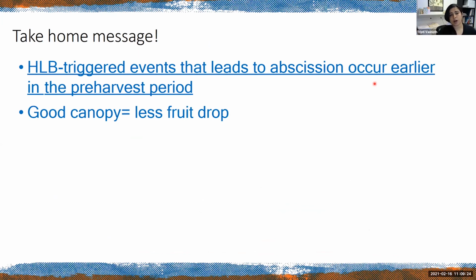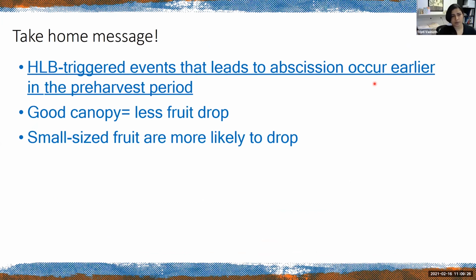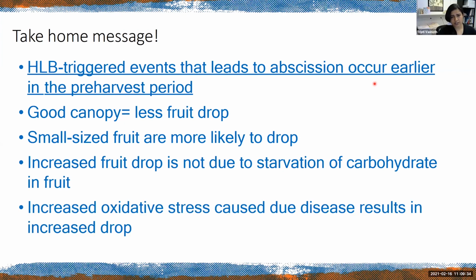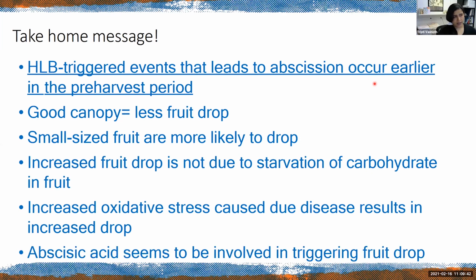Small size fruit are more likely to drop. And increase in fruit drop is not likely due to starvation of carbohydrate. Increased oxidative stress caused by disease seems to help cause more drop. And abscisic acid seems to be involved in triggering fruit drop.